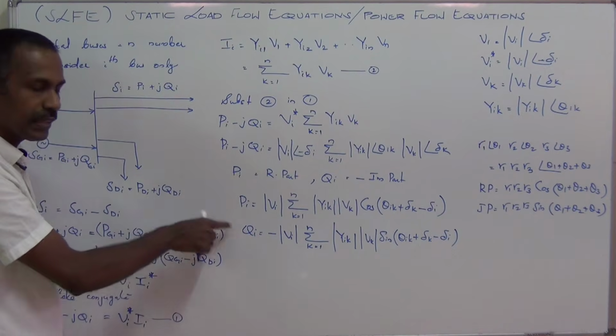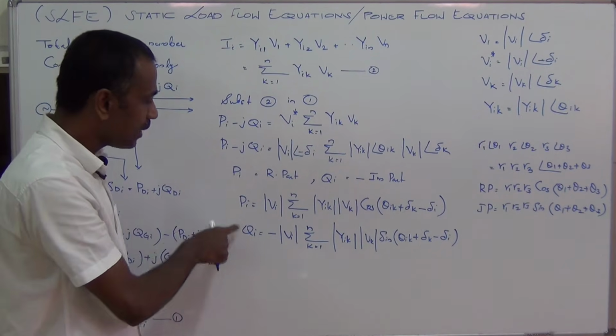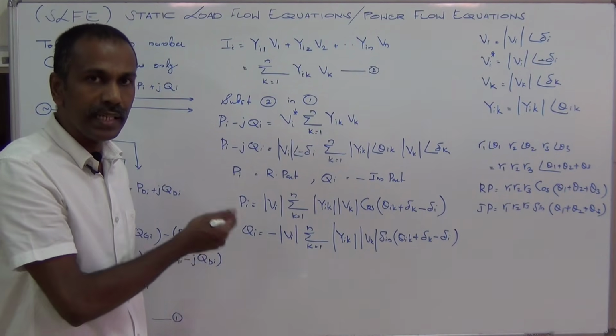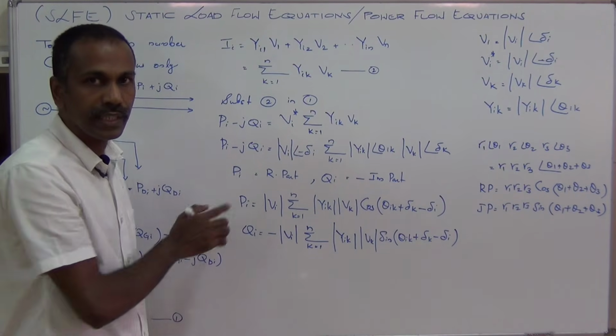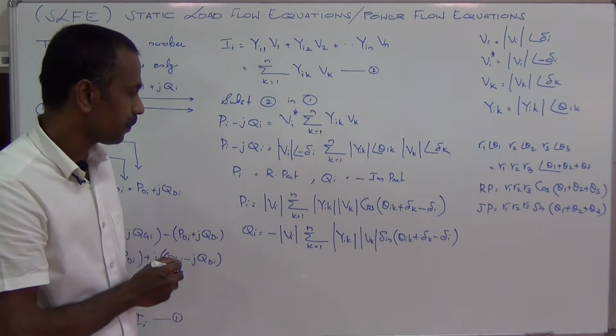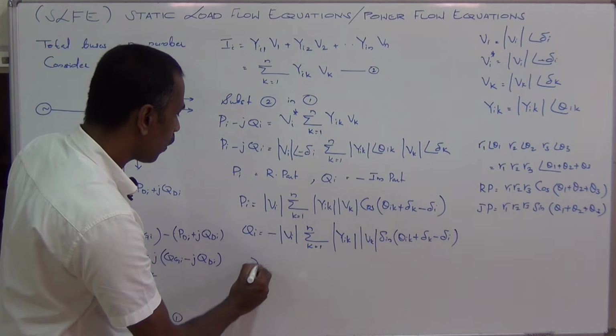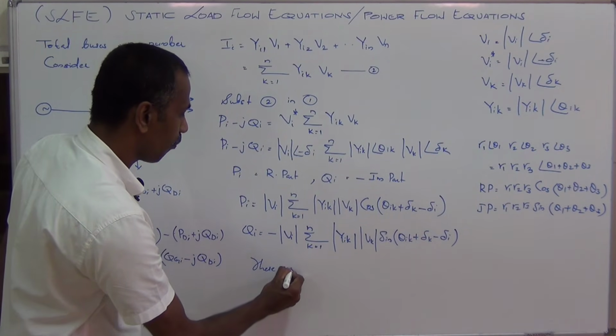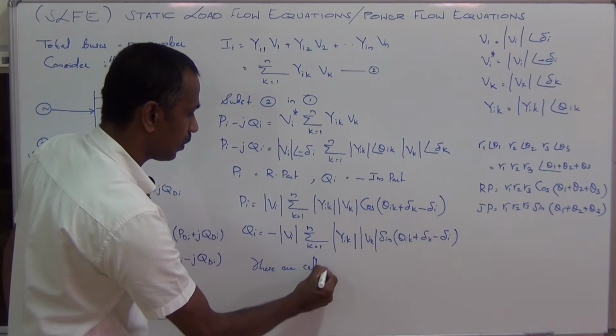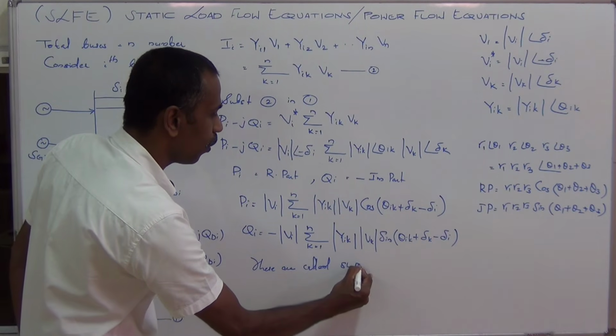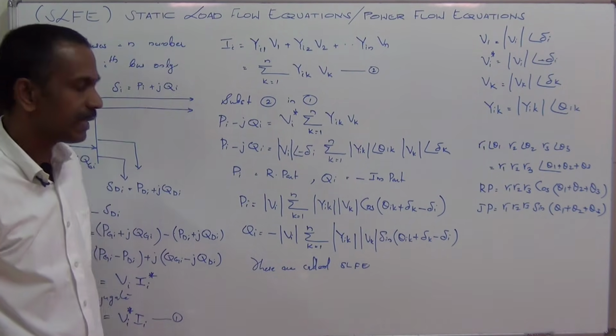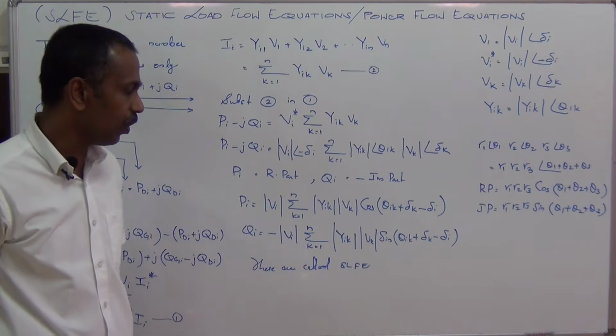So these are the equations for the net active power and reactive power injected at the ith bus. These are called the static load flow equations, SLF, the static load flow equations.